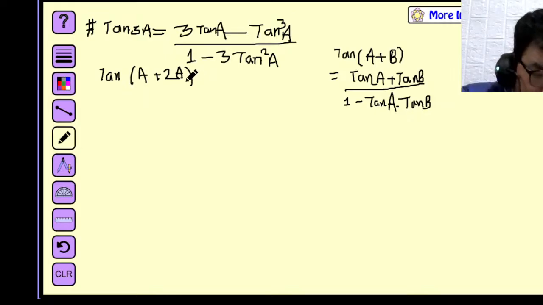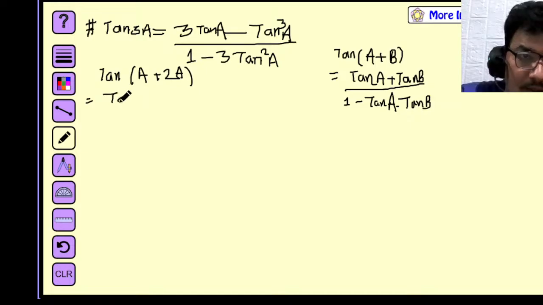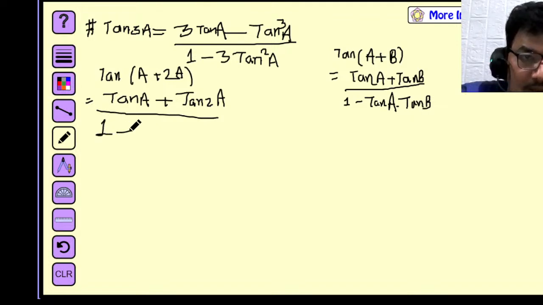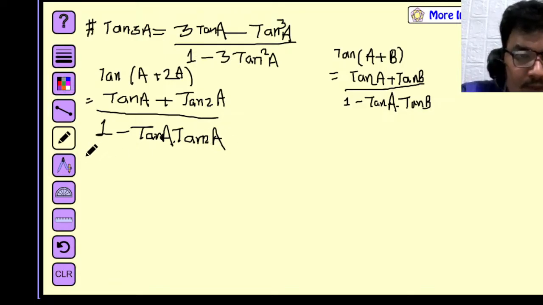We are writing this, then opening the formula, which we just wrote here: tan A plus tan 2A, whole upon 1 minus tan A into tan 2A. Then we write tan A only.